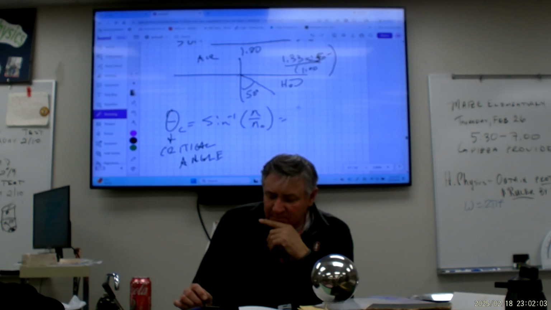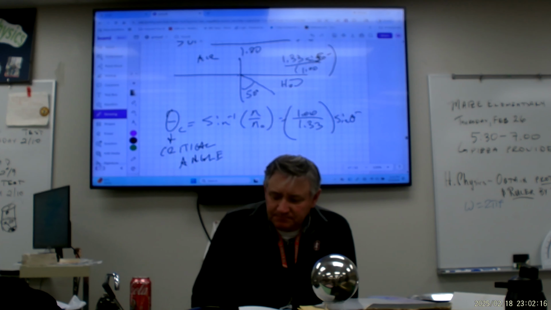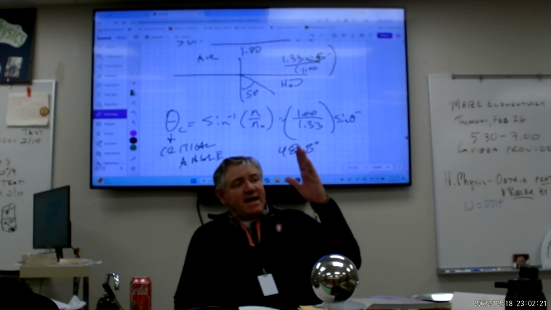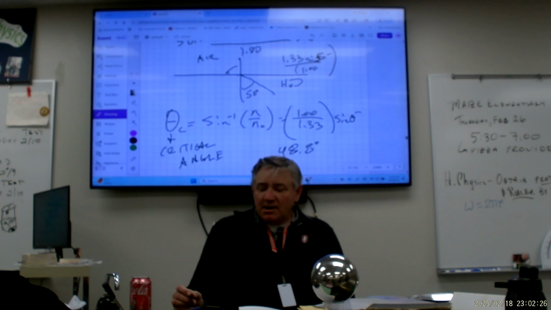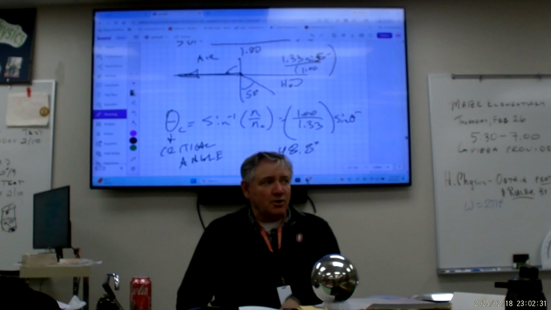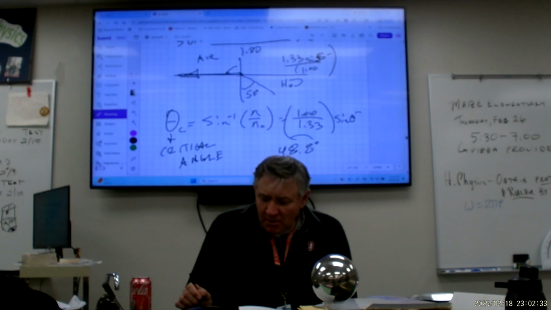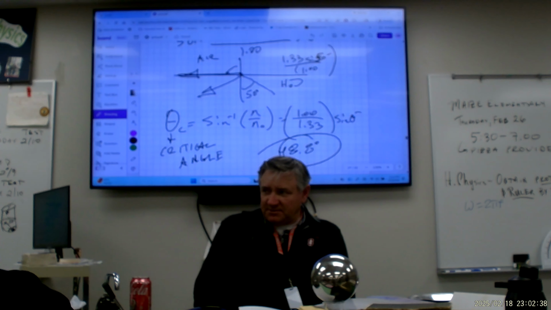In this situation, it's 1 divided by 1.33, and then the inverse sine of that. What do you get? 48.8 degrees. If my angle is less than 48.8 degrees, it'll flatten out. If I'm at 48.8 degrees, it's going to go parallel with it. If I'm more than 48.8 degrees, then you get total internal reflection.